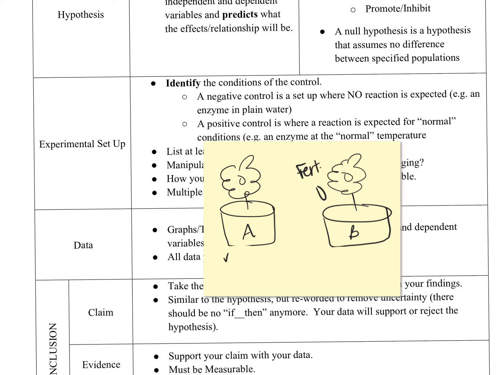But things like sunlight need to stay the same between both plants. The amount of water needs to stay the same between both plants. Maybe the size of the container. All of these variables need to stay the same between the two experiments so that we can make sure that it's just the addition of the fertilizer that's going to impact the color or the amount of flowers we get.